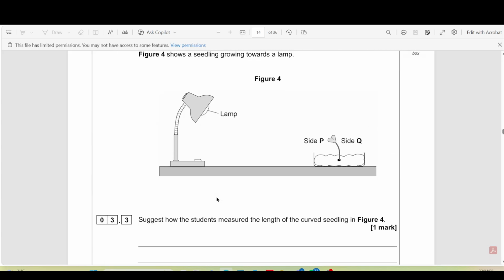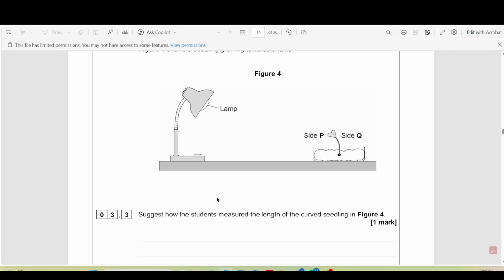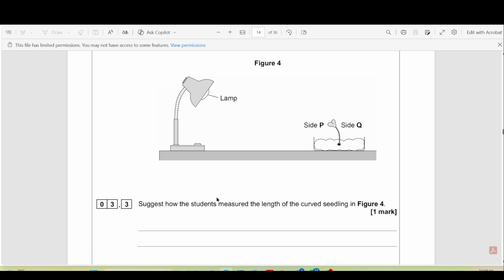Suggest how the students measured the length of the curved seedling using a ruler. They can just use a ruler.